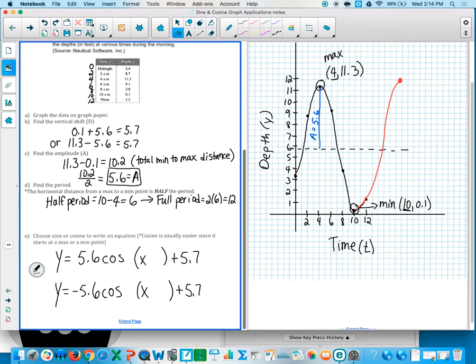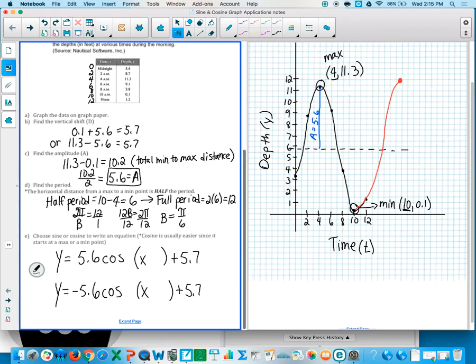Okay. And then we need to figure out what our b value is going to be. So just like we've done for the writing equations previously, we're going to set that equal to 2 pi over b. And we get a b value with pi in it, which you have seen before.